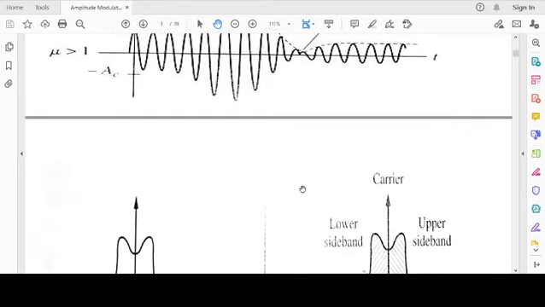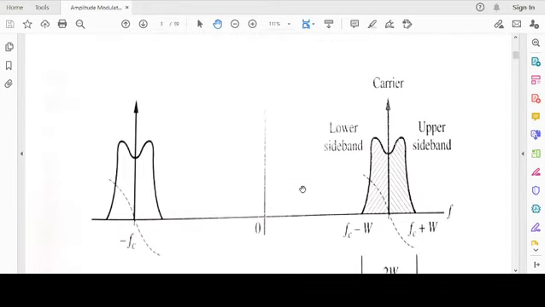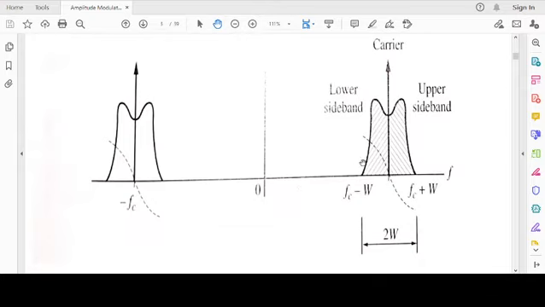Now let's see the spectrum. If you observe the spectrum, this is the original message signal which was located from -W to +W, and after modulation this has been shifted to fc minus W to fc plus W. This is the transmission bandwidth. There is just a shift in frequency. Likewise, there is a shift towards negative frequency because they are symmetric with respect to each other, and this is the corresponding phase.